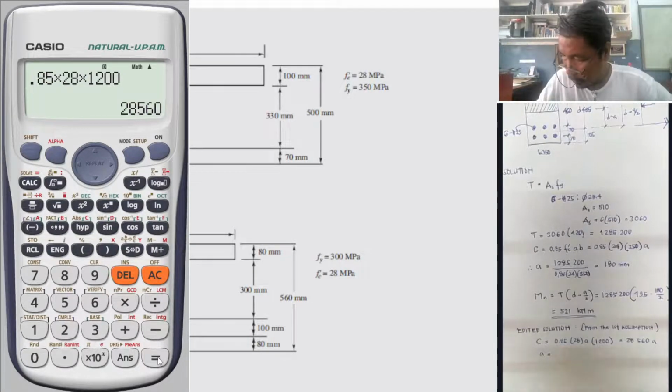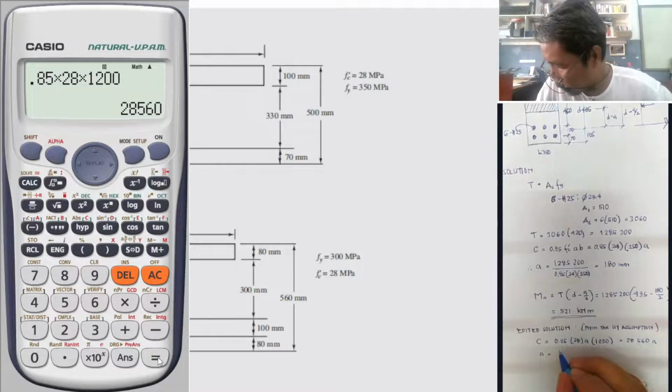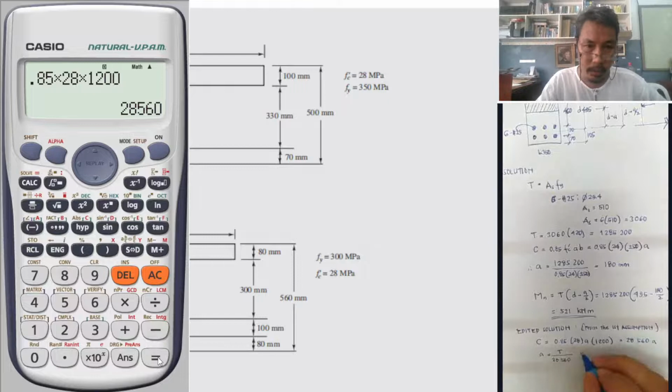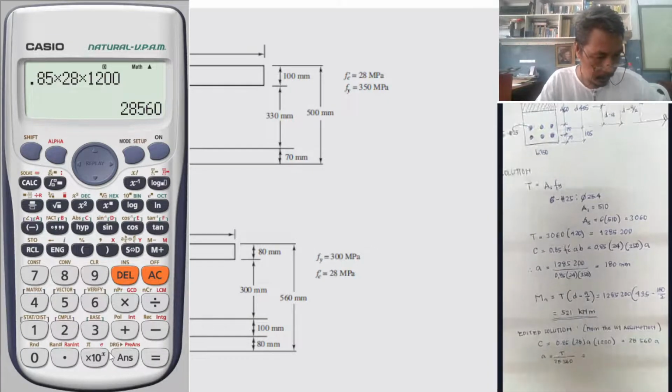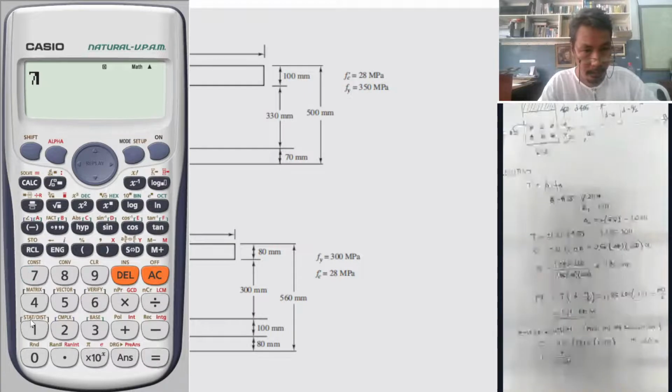So, just compute for a. Therefore, this is T, the value of T, divided by this one, 28,560. Okay, so therefore our T is 704,200.